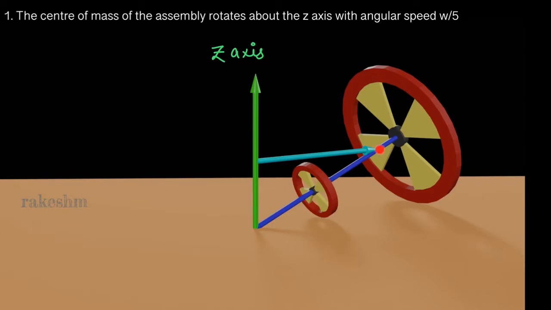And this is our center of mass. You can observe it is a little closer to this larger disc. As this assembly is rotating, the center of mass also will rotate about the z-axis. Let us have a look at the path of the center of mass as this assembly rotates about the z-axis.